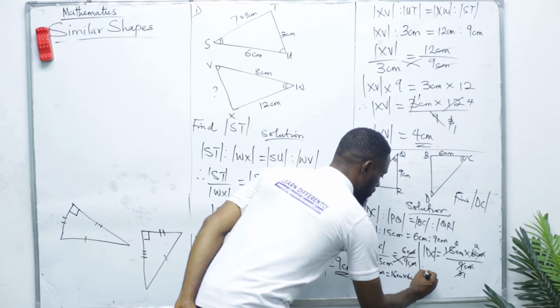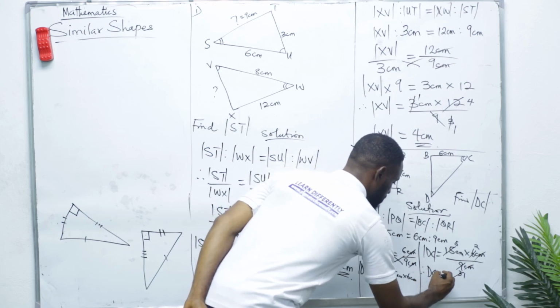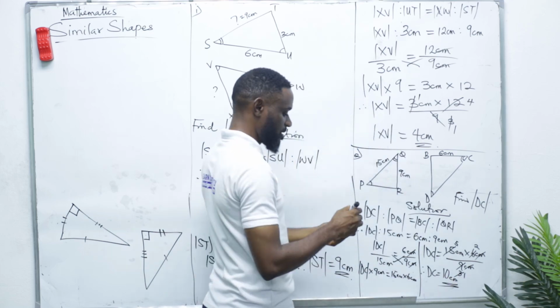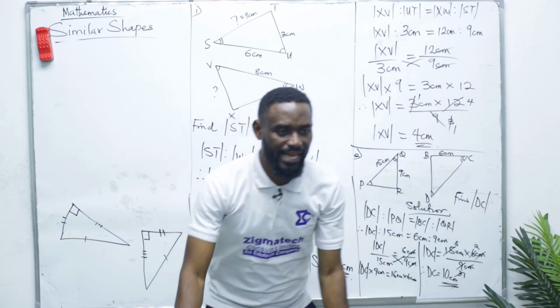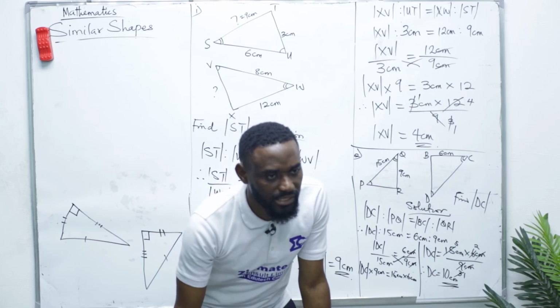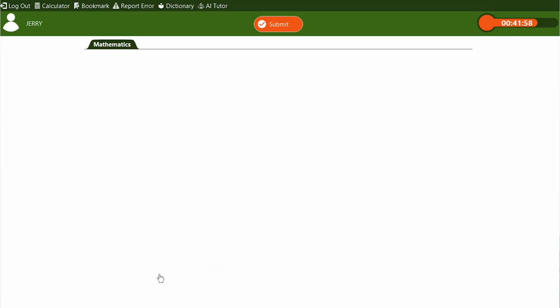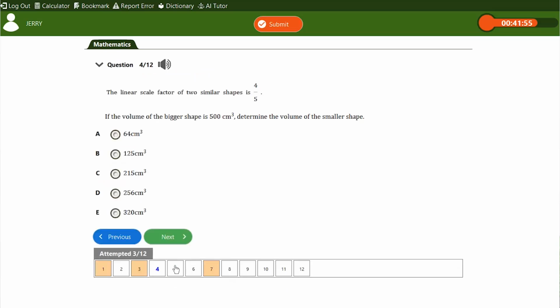Therefore, DC is equal to 10 cm. Is that okay? That is what the value will be.